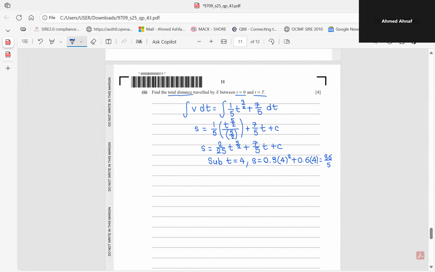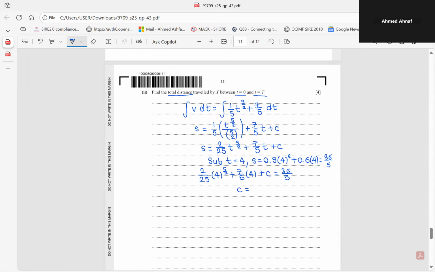Okay, so 2 over 25 times 4 to the power of 5 over 2 plus 7 over 5 times 4 plus c equals 36 over 5.